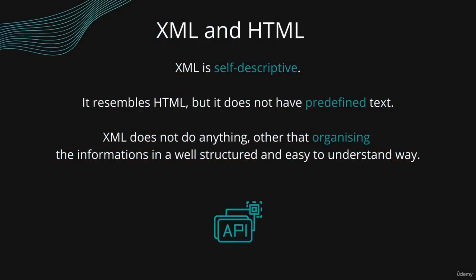XML was designed to be self-descriptive. It also resembles HTML very much if you look at the response of XML. The difference between the two is that the XML language has no predefined text as HTML does.